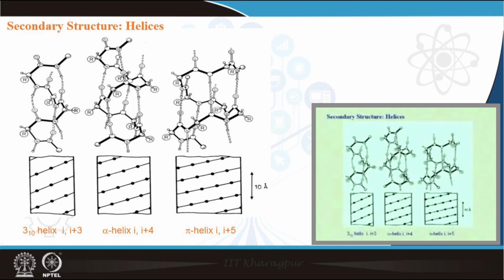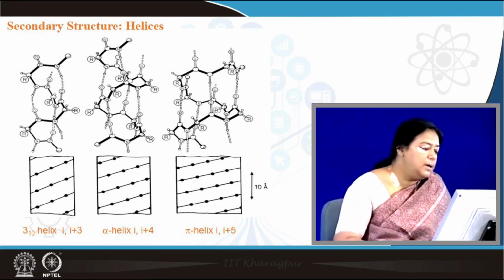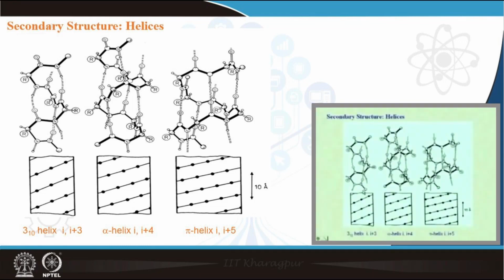It is like a spring. You have a hydrogen bonding between the CO and the NH of the backbone. In the 3-10 case, it is from i to i plus 3. In the normal alpha helix, it is i to i plus 4. And in the pi helix, which is extremely rare, you have i to i plus 5.